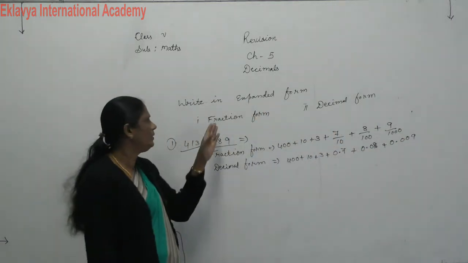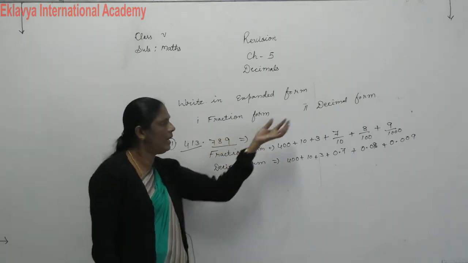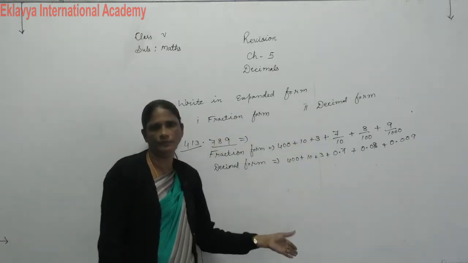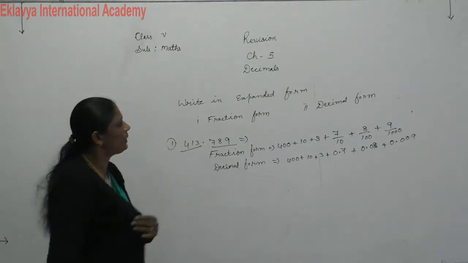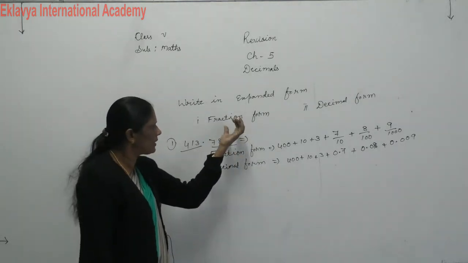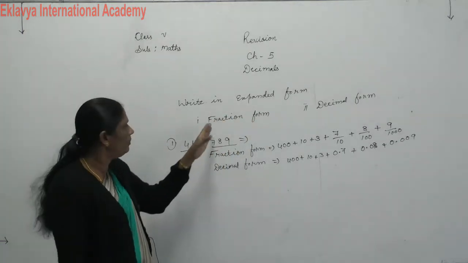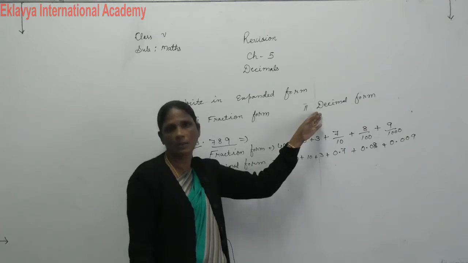Understand you? This is an expanded form, that is fraction form and decimal form. Understand you? In your book there is one form. I think you learn both methods, fraction form and decimal form.